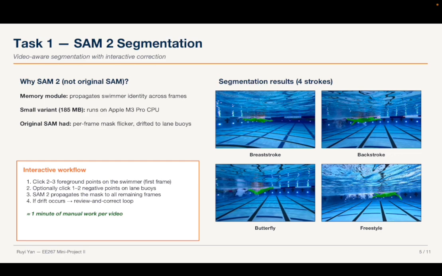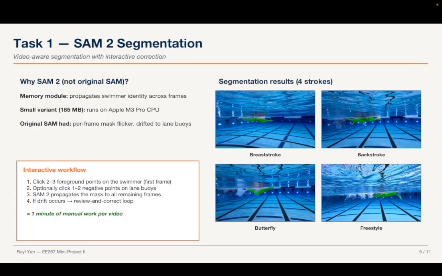Second, the small variant runs on CPU, not GPU. The workflow is interactive but fast. I click two or three foreground points on the swimmer in the first frame, and optionally one or two negative points on lane buoys. SAM2 propagates the mask to all remaining frames.